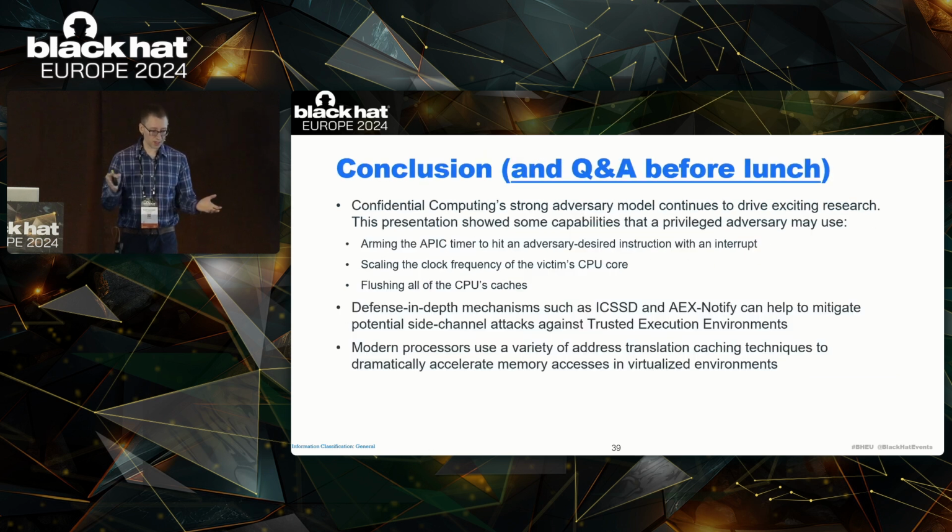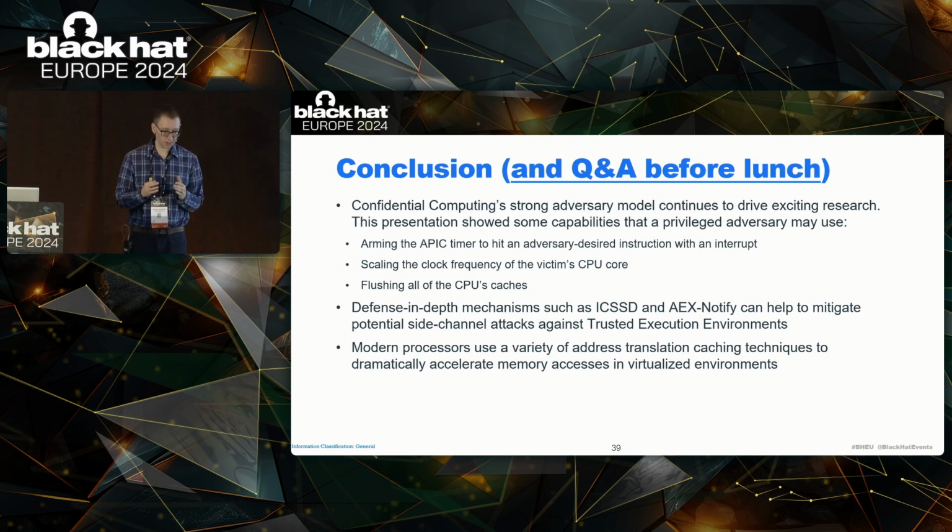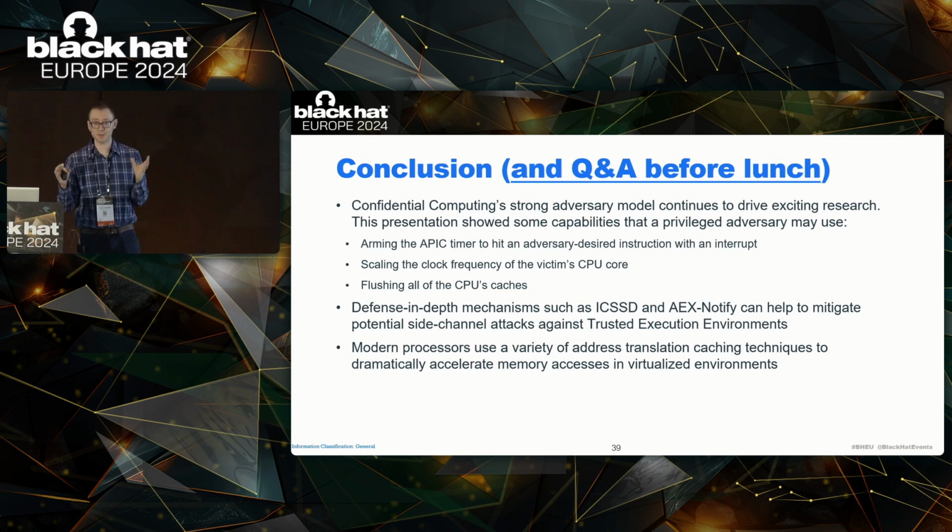So here's our conclusion with some takeaways, and Raju and I are more than happy to stay up here afterwards for some informal Q&A as well. First of all, confidential computing has a very strong adversary model that has proven very interesting and exciting for security research. This has opened up an entirely new frontier with these very strong threat models. There are three really good examples from this presentation.